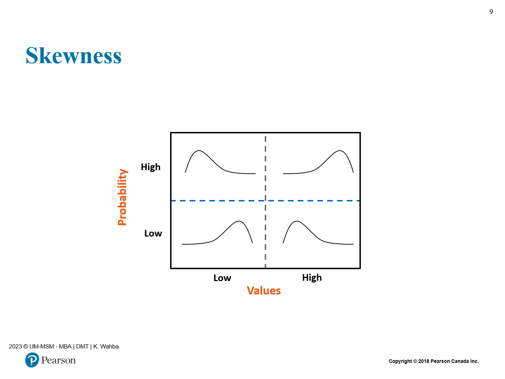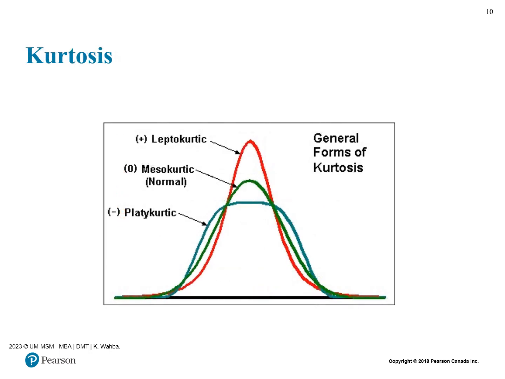Okay, so let me get rid of this and move to kurtosis. The red one in the middle is called a normal distribution, and its kurtosis is 0. When the kurtosis is positive, the distribution is squeezed into the inner part.